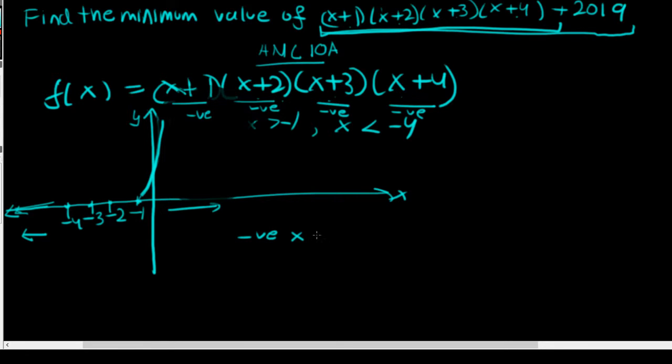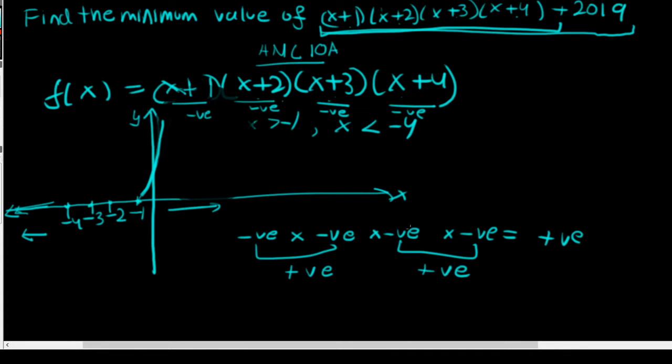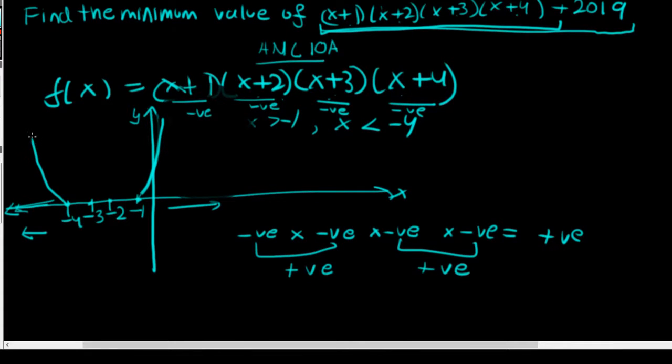A negative number multiplied by a negative number multiplied by a negative number multiplied by a negative number gives you a positive number. Understood? So the function will also be the same shape on the other side of -4.